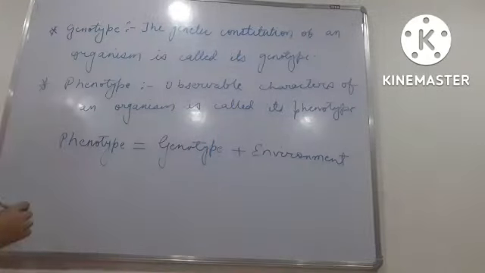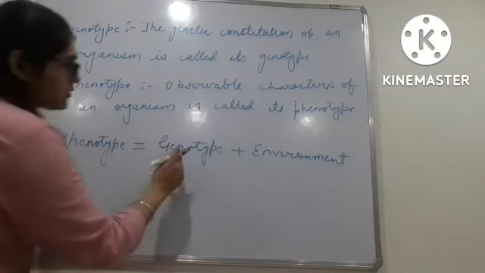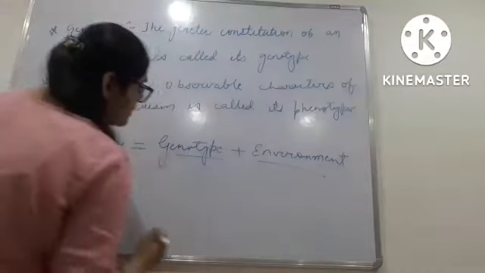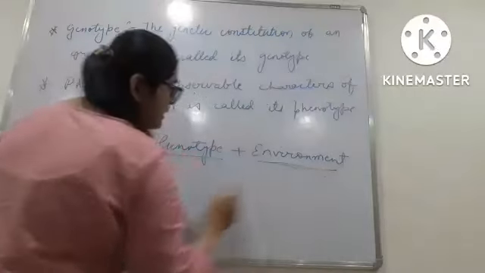So genotype is the intrinsic factor. So why can we say that phenotype equals genotype and environment? Why not phenotype equals genotype? Why is environment included in this?